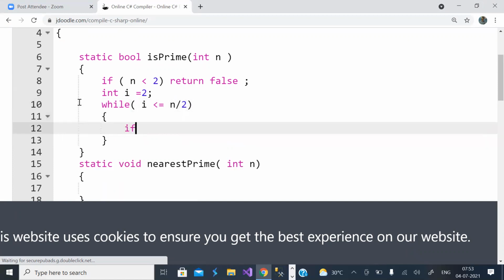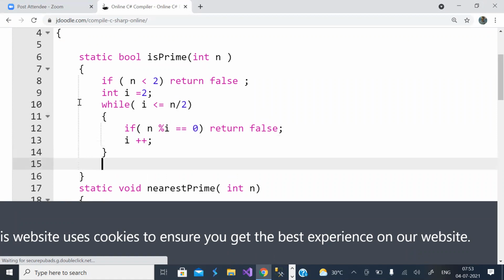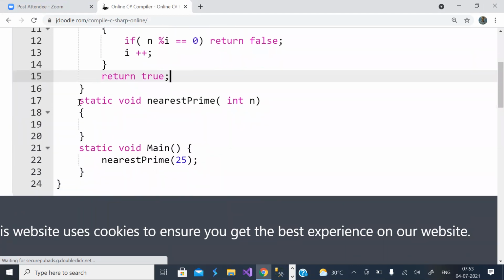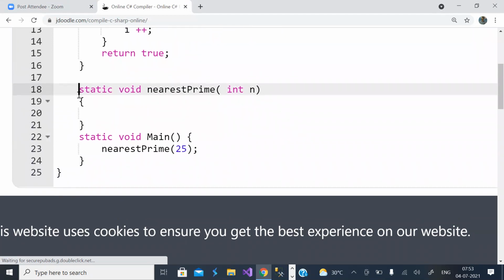You check once: if n is divisible by i, then n is not prime. Check with the next number. Okay, this will continue till all the numbers up to half of n. Finally, you know what to do. Okay, and we are going to use this method in the nearest prime method here for special cases.